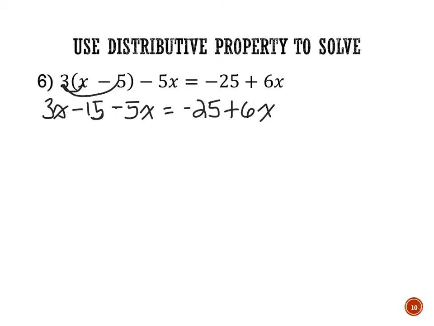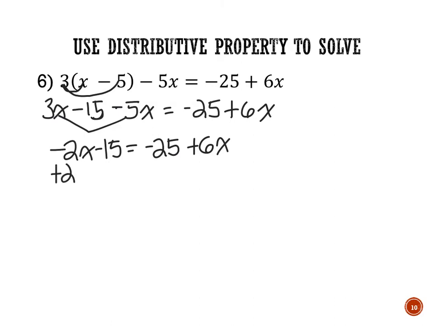So 3x minus 5x gives me negative 2x minus 15 equals negative 25 plus 6x. I'm going to move my x from my left-hand side to my right-hand side. So I'm going to add 2x because it's negative. I'm going to add to get rid of it to both sides.